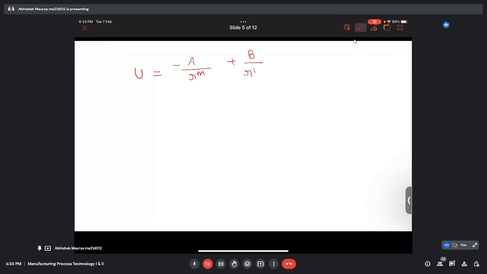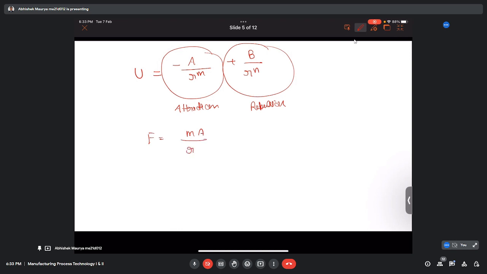There are two terms here. One is negative, one is positive. The negative one is for attraction, and this positive one is for repulsion. Since this is the energy equation, if we differentiate it, we will get the force equation. So differentiate it, we will find it.